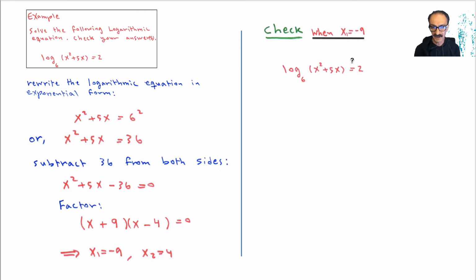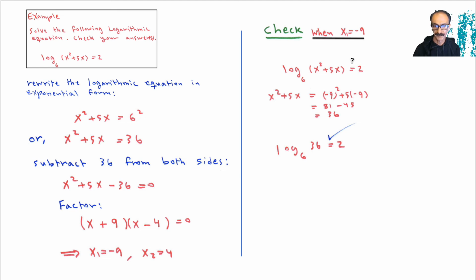I want to see if this is going to end up true. So the argument inside is x squared plus 5x. Plug in -9, I end up with 36. So that is 36, and it's going to look like this. Yes, log base 6 of 36 equals 2, which is true. Why? Because 6 to the second is 36.